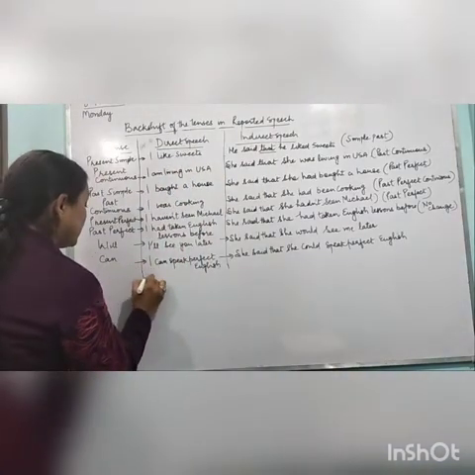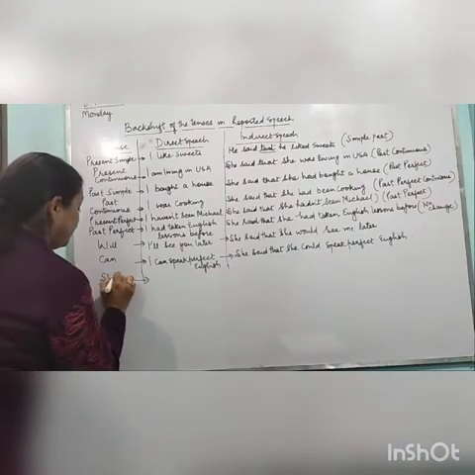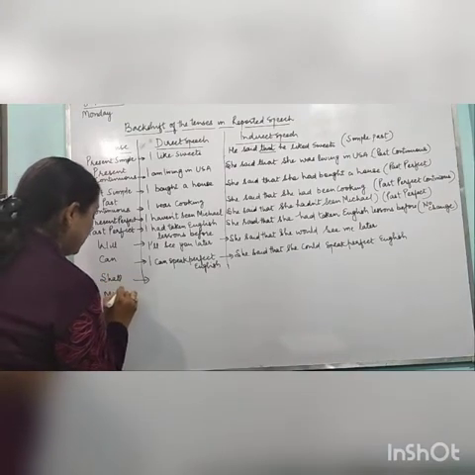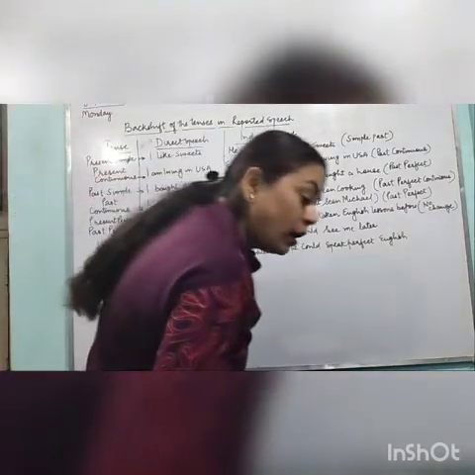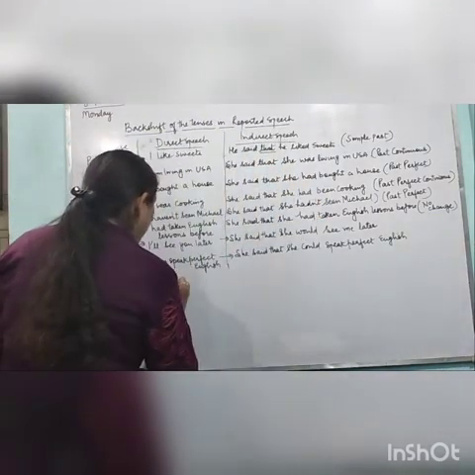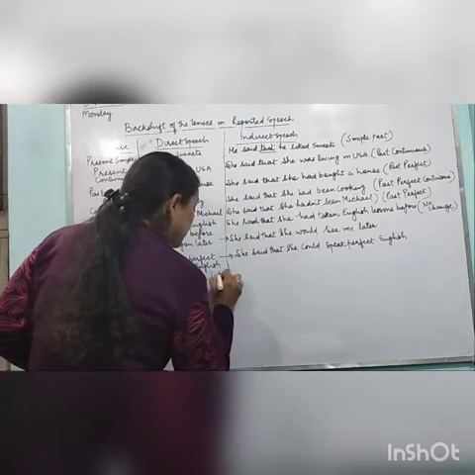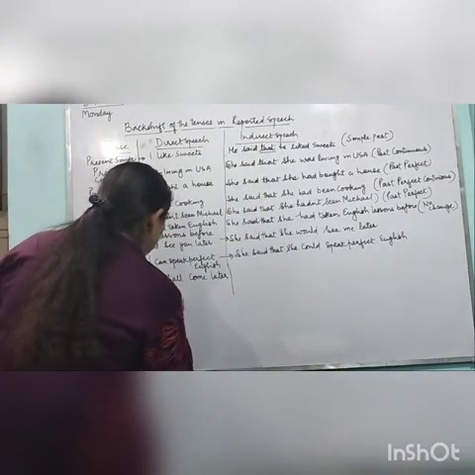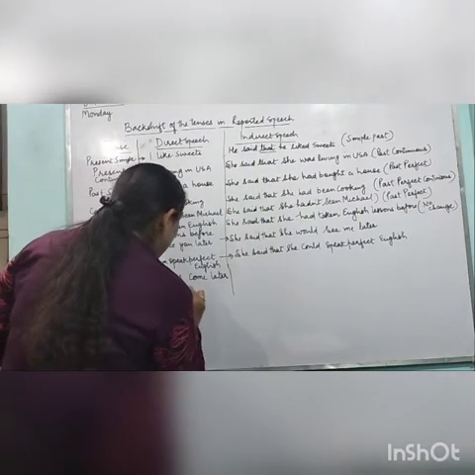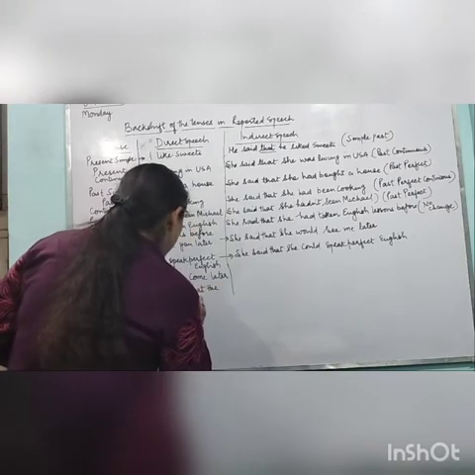Next one is shall and must. Shall, and the last one is must. Shall. I shall come later. So this is the sentence, and the next one is I must study at the weekend.